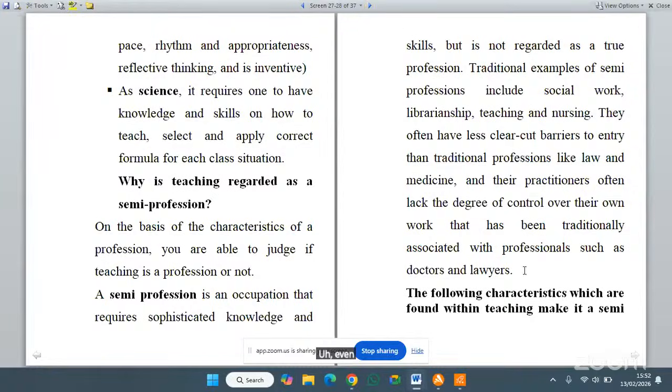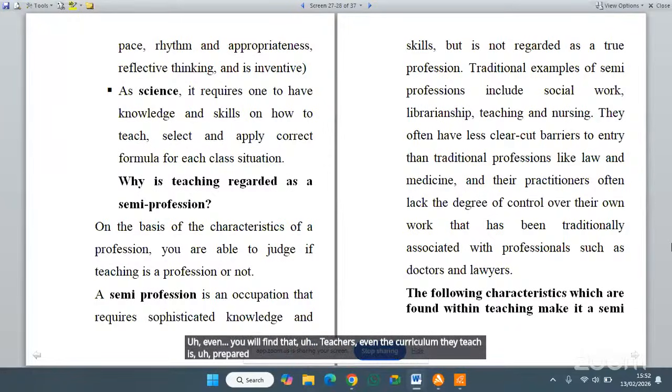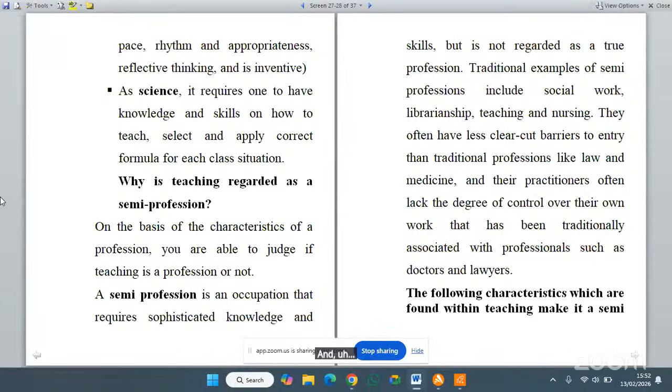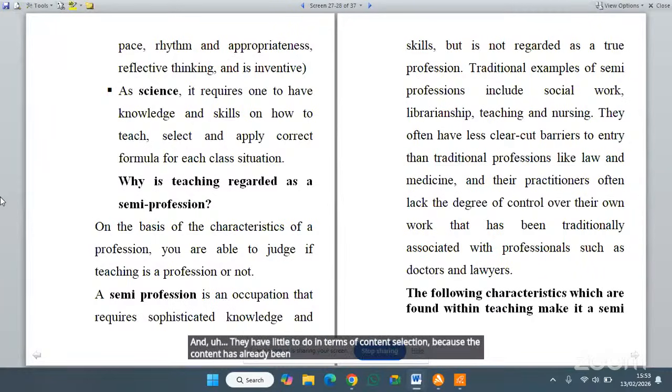Even the curriculum teachers teach is prepared by a different organization, the Kenya Institute of Curriculum Development, and teachers are just given it to implement. They have little to do in terms of content selection, because the content has already been selected for them.